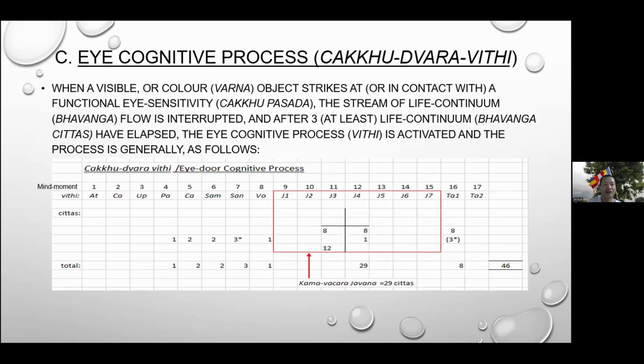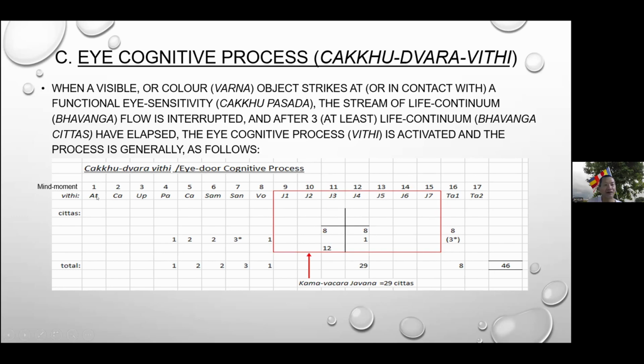This is the general flow of the eye door cognitive process, Cakkhu-dvara-Vithi. Here on top is a mind moment. There are 1 to 17 in one eye door cognitive process.